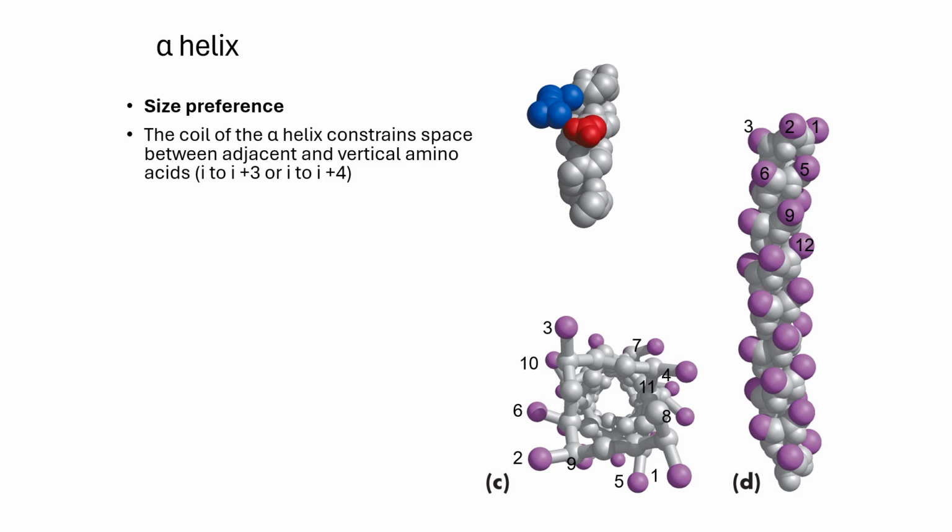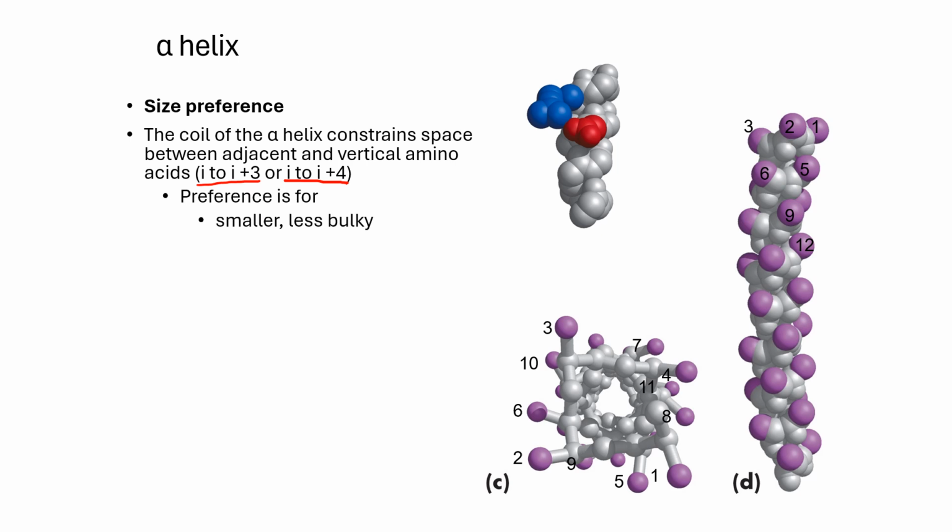Now, the coil of an alpha helix constrains space between adjacent and vertical amino acids. We alluded to and we looked at the I to I plus 4 hydrogen bonding pattern. Sometimes there are helices that are a little bit tighter in that they'll have an I to an I plus 3 rotation.